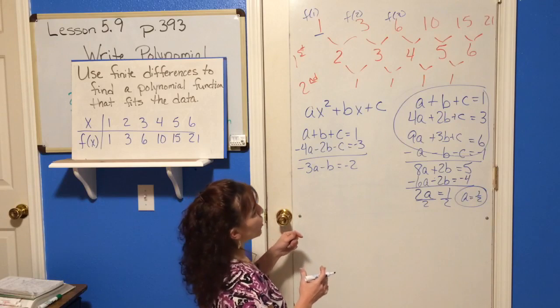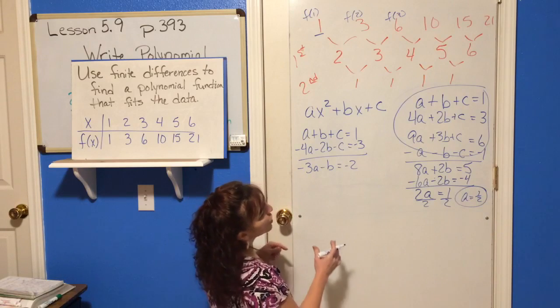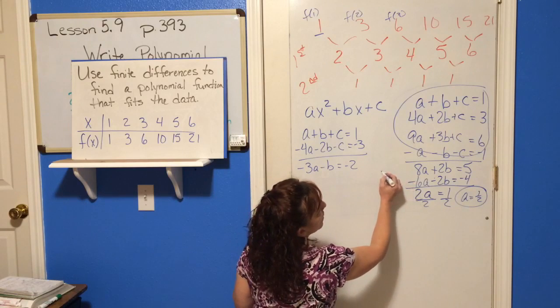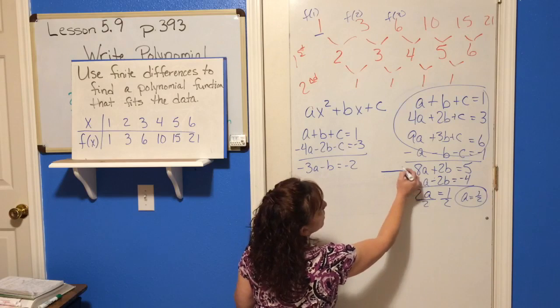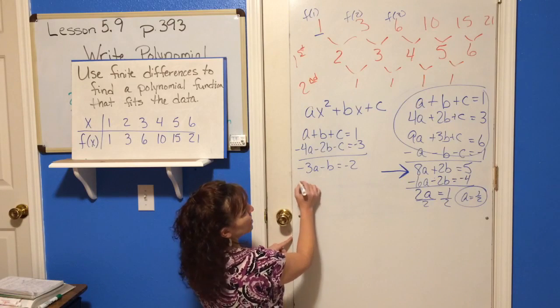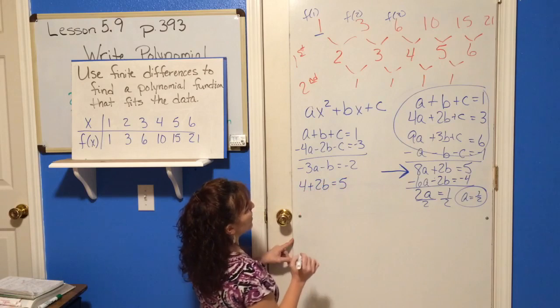So then put your a equals 1/2 back into this one right here. Half of 8 is 4 plus 2b equals 5.